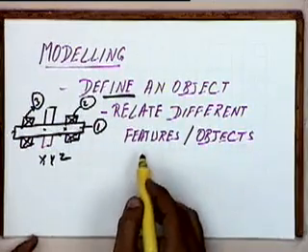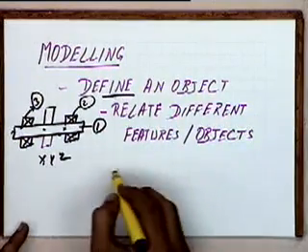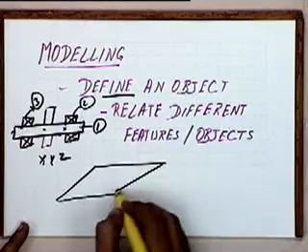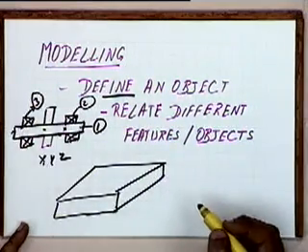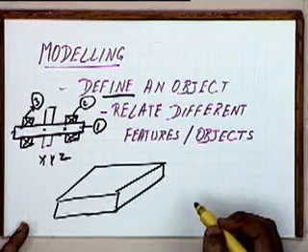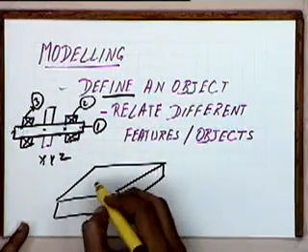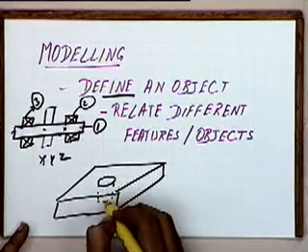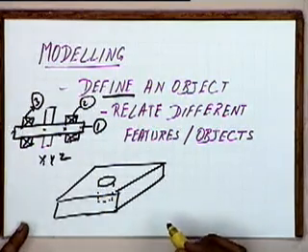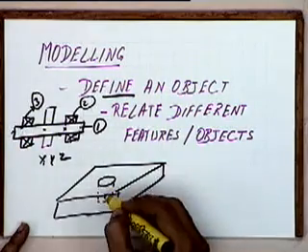Relate different features. Let us say if you are talking of a simple block like this. On this block, let us say we have a through hole. This hole is a feature on this block.